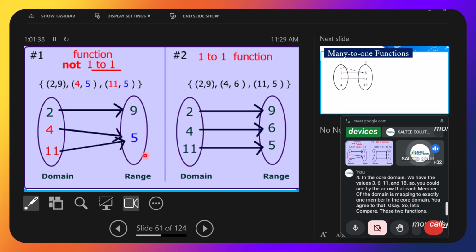The first set of function is said not to be one-to-one. And why is it not one-to-one? When we look at the ordered pair arrangement, we have 2 mapping to 9, which is written this way, and we have 4 mapping to 5. And also we have 11 mapping to 5.